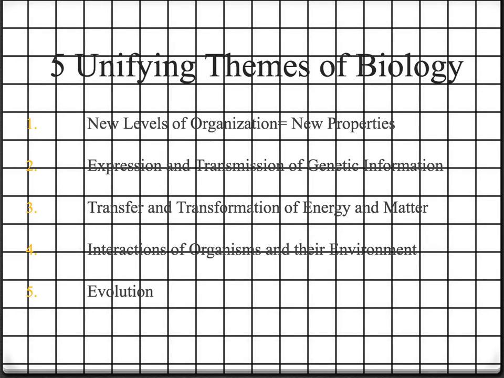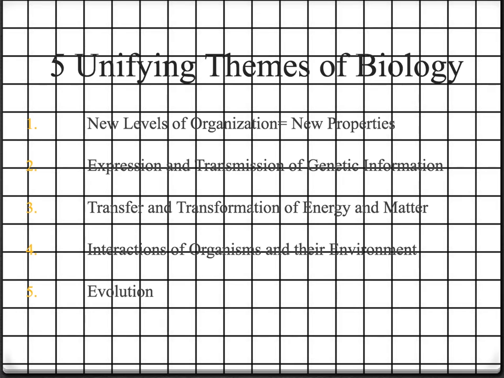So we're going to start with the idea of there being 5 unifying themes of biology. Now, every textbook that you look at, they're going to have different themes, different ideas, but it's the same basic principles. So I've seen up to 7, I've seen as little as 4, but we've got it divided into 5 basic themes, and those are organization, and along with organization and new levels of organization will come new properties.